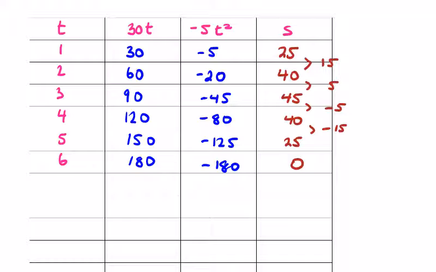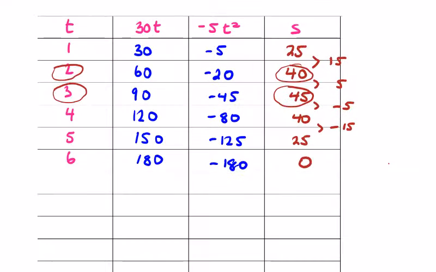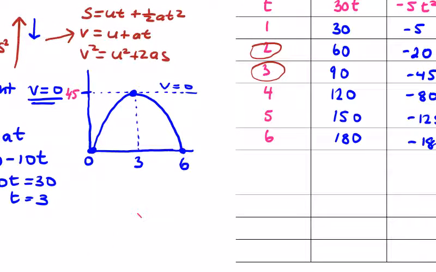And we just put those points on the graph. After 2 seconds, it has a height of 40, and after 3 seconds, 45. So after 1 second and 2 seconds, approximately here and here, you can see it's climbing much quicker in the first couple of seconds.